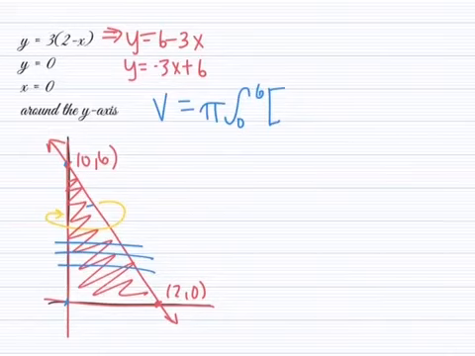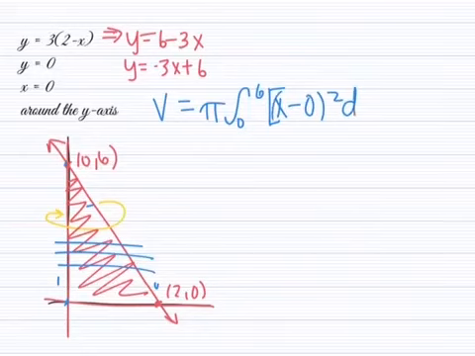times the integral from, you want the x value this time, right, because you're going from right to left instead of top to bottom, because you're doing a dy. So that's going to be the x value of that line minus 0 squared dy this time, because you're cutting slices perpendicular to the y-axis.